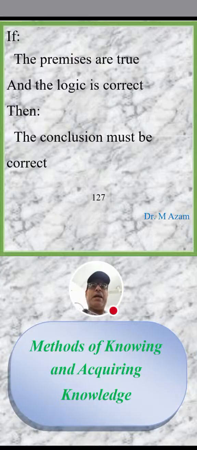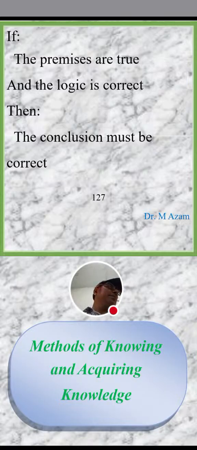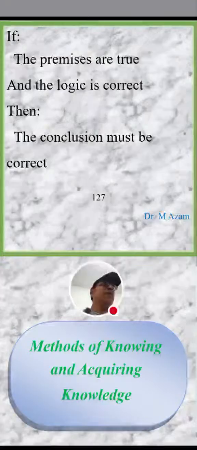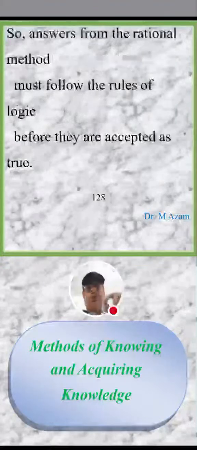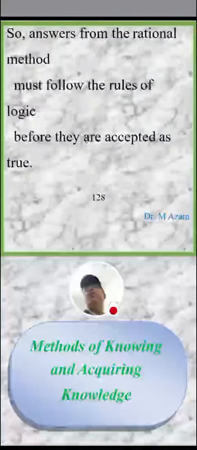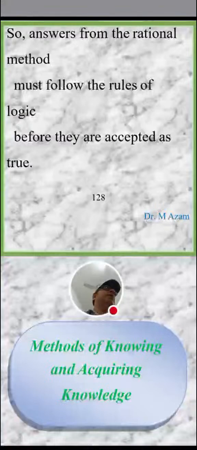If the premises are true and the logic is correct, then the conclusion must be correct. So, answers from the rational method must follow rules of logic before they are accepted as true.